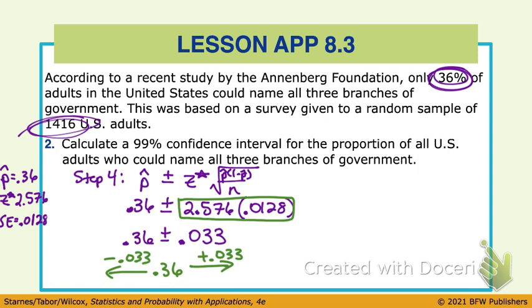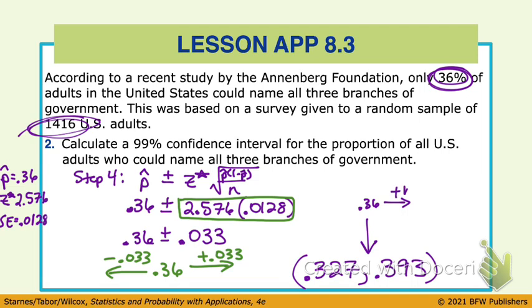So the lower boundary of our interval is going to be 0.327. The upper boundary of our interval is going to be 0.393. Okay, again, the middle of our interval is our point estimate of 0.36.